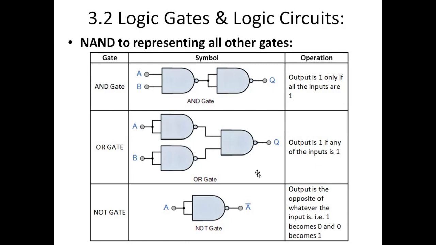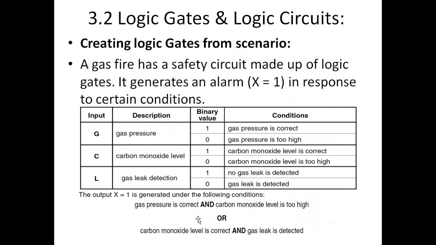So this is how you can use NAND gate to create the three basic gates. Given that if you don't have the components available for these gates, but you have the components available for NAND gates, you can use them to create circuits like these.